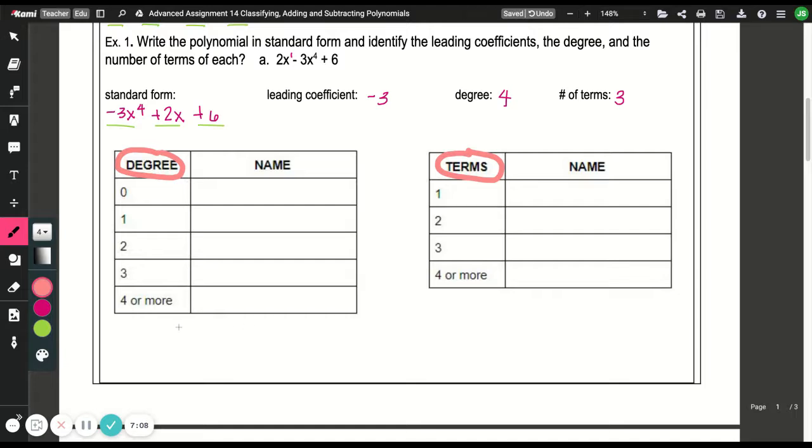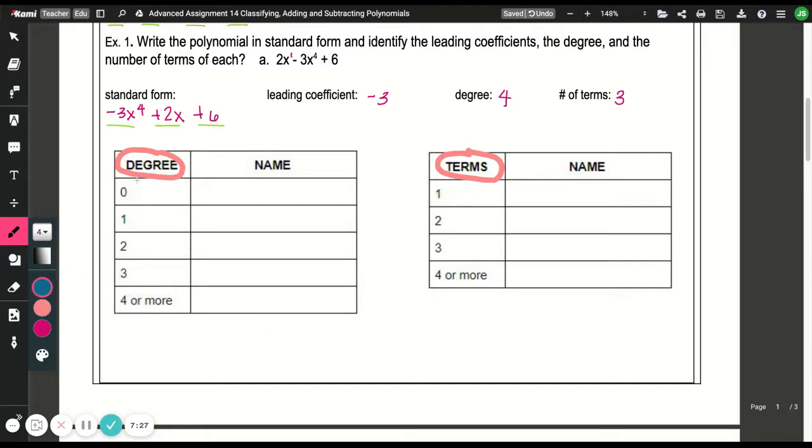Now it's not on the chart, but I am going to give you a little asterisk because when we play Kahoot, some of the multiple choice had different names. So I'm going to give you 2 different names, you need to know them both. I'm going to tell you both.